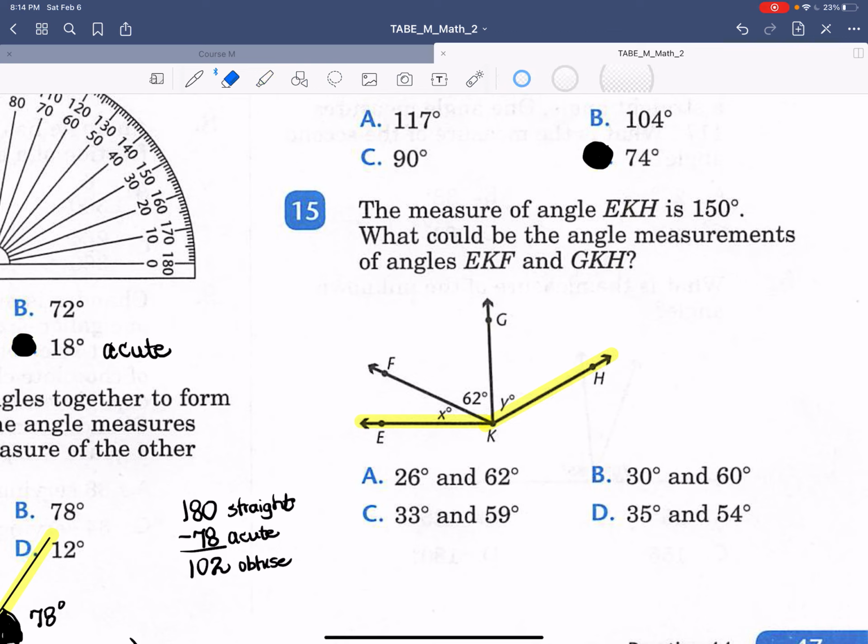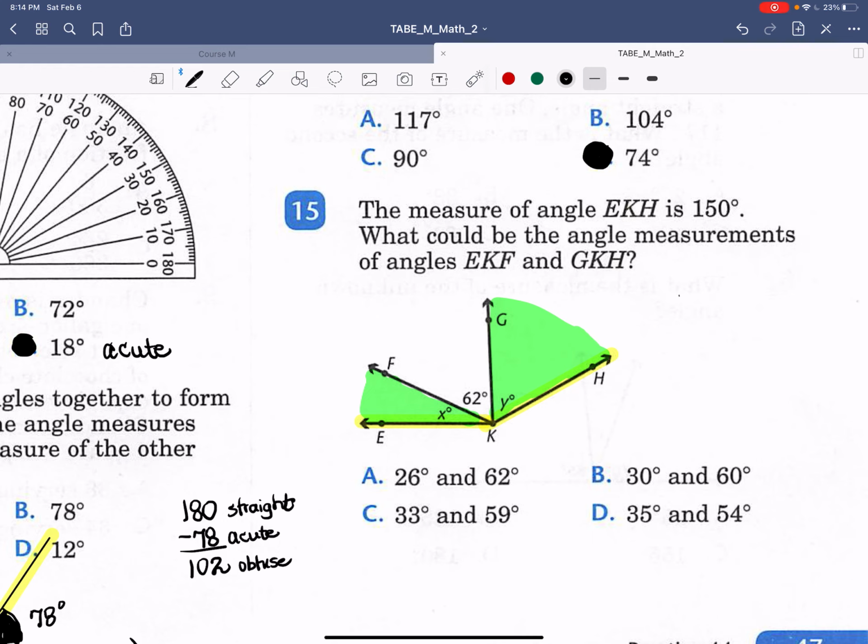That would be, sorry, I didn't pick up the highlighter. That would be here, E to K to F, and G to K to H. So GKH is right in here. So we're looking for something that could be the sum of those two.